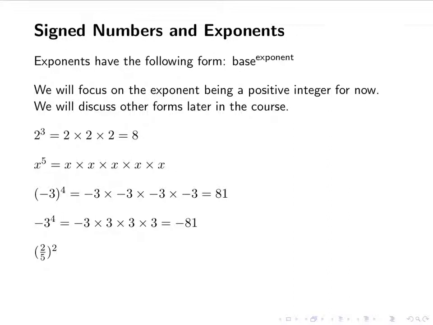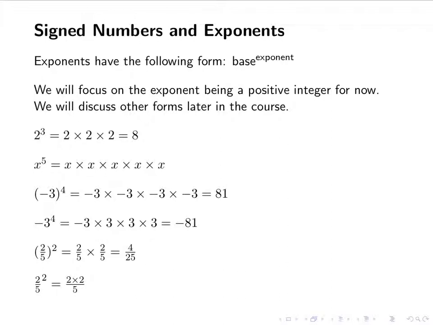As another case, we have (2/5) squared. 2/5 is in parentheses, so that is my base. So I have 2/5 times 2/5, which is 4 over 25. Versus the following, without parentheses. If there are no parentheses, again, my exponent only goes to whatever number is closest to it. In this case, the base is 2.